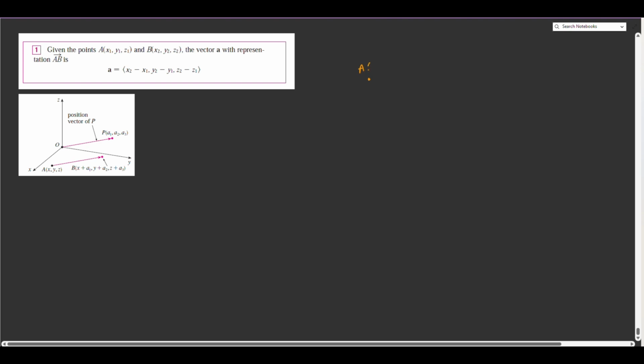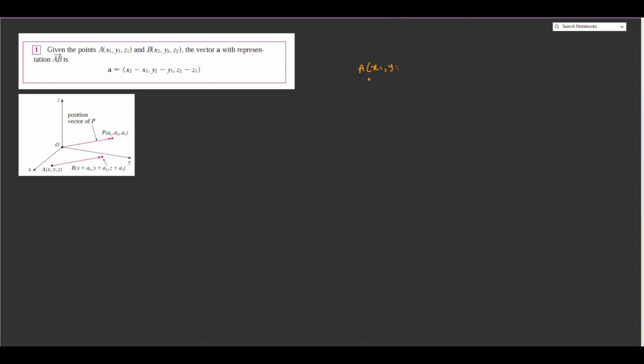We have two points. The coordinates of point A are x1, y1 and z1, and the point B has the coordinates x2, y2 and z2. We want to find the vector between these two points A and B. How can we do this?